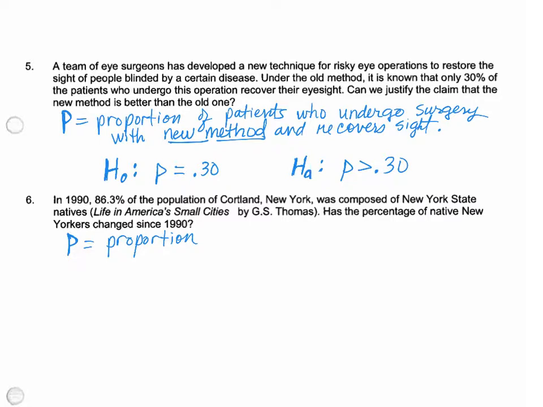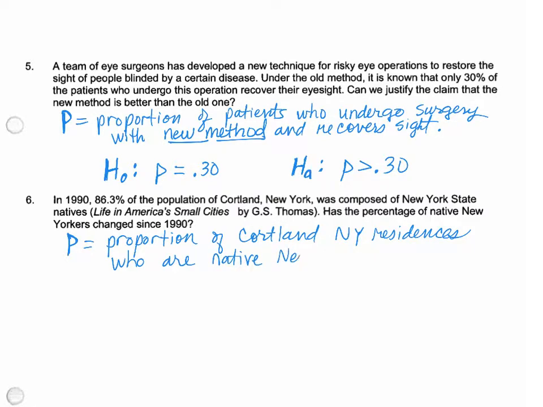So it's the proportion of Cortland, New York residences who are native New Yorkers. See, present tense, remember that? We're taking that sample from the population. Okay, so now, null hypothesis would be that what?